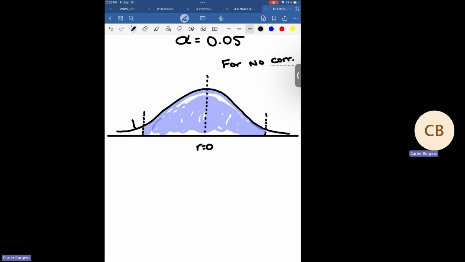How much of my data is fitting here, and how much is fitting here, if this is 95%? 2.5% on each.